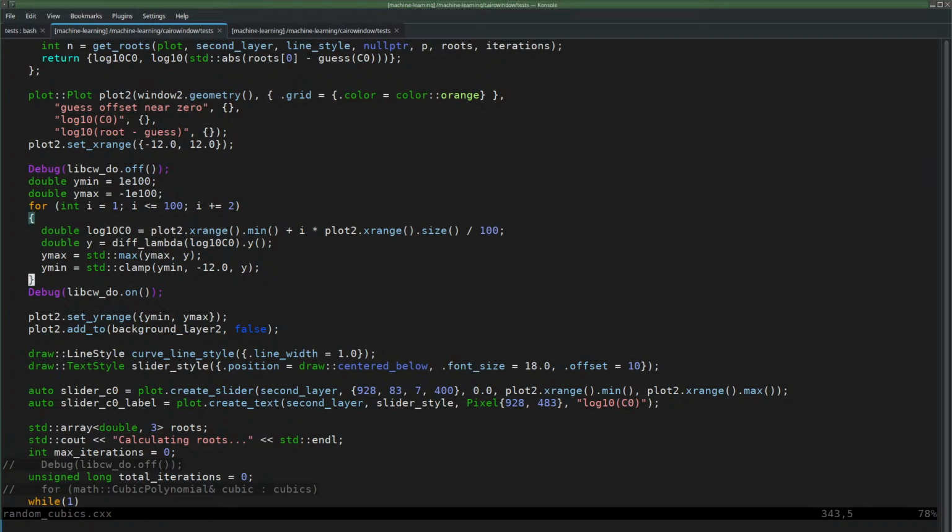What I want to do is draw a graph with horizontally C0 and vertically S of C0.